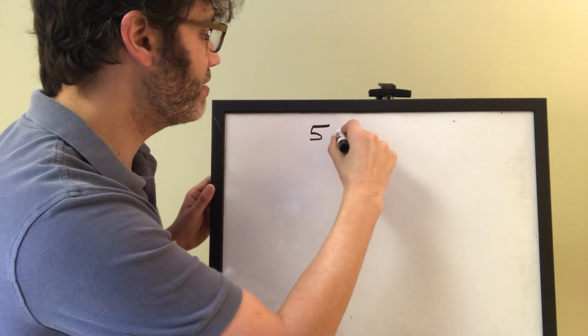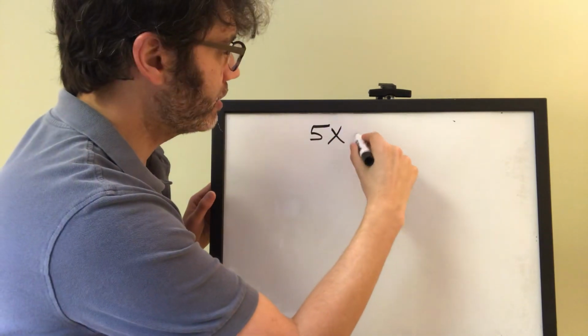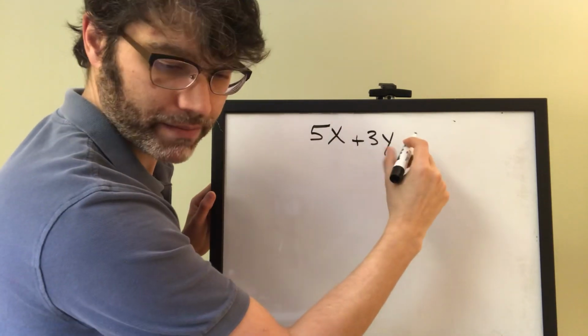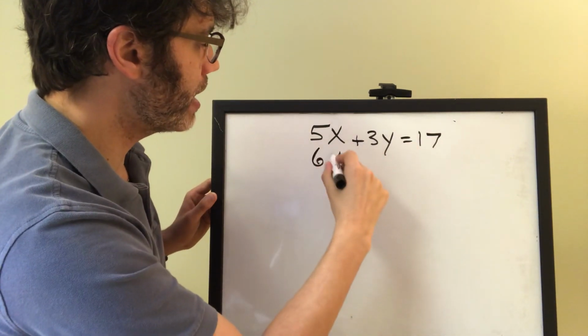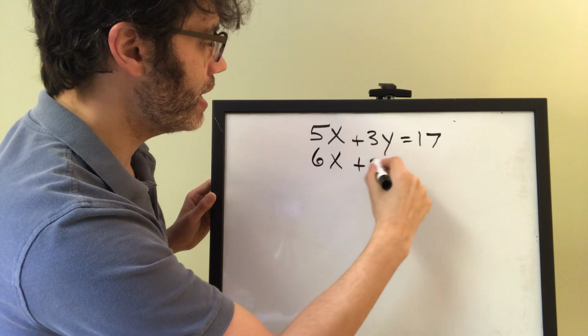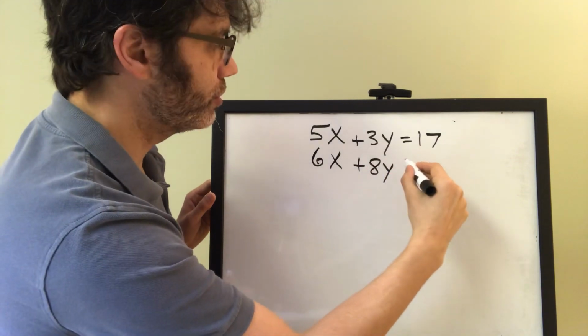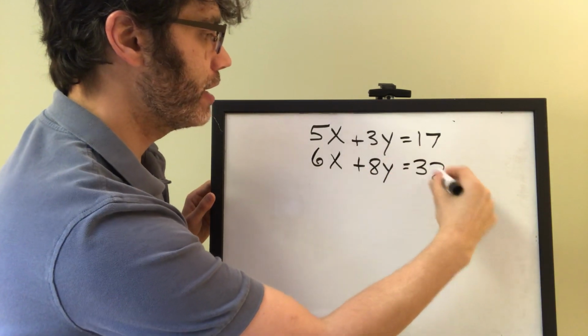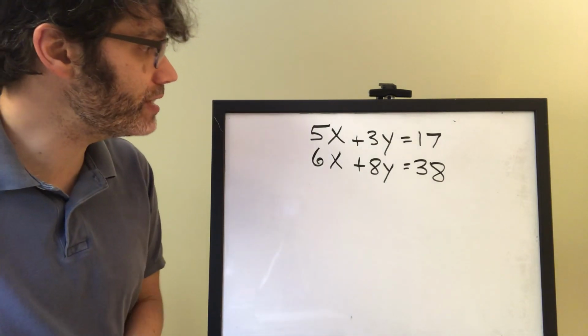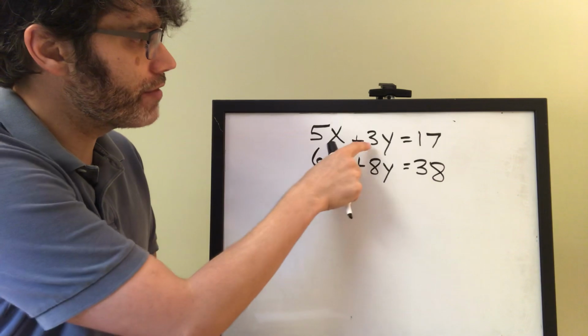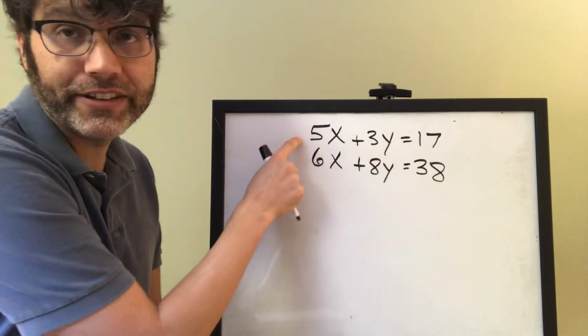Let's try another one. Let's say that we have 5x plus 3y equals 17, and then our other equation is 6x plus 8y equals 38. Now this is the trickiest one we've done up to this point, because do you see that none of the coefficients are additive inverses?